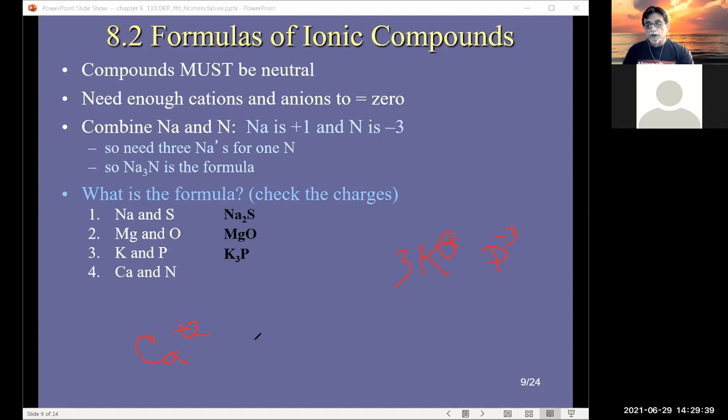It's in group 2. What about nitrogen? -3. All right. Now you say, oh wait a minute here, I got a +2 and a -3. How am I going to put this together when I don't have anything equal? I have no reference point here.